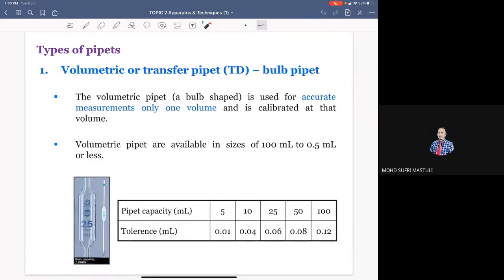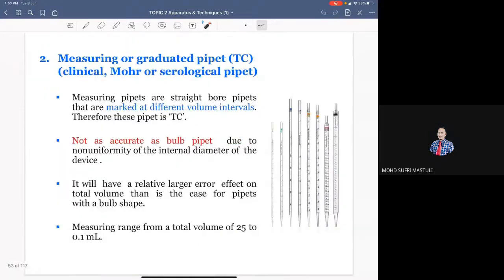So the pipette can range in volume. We can have 5 milliliters up to 100 milliliters with respective tolerance. We also have the graduated pipette. Normally it is TC, to contain.